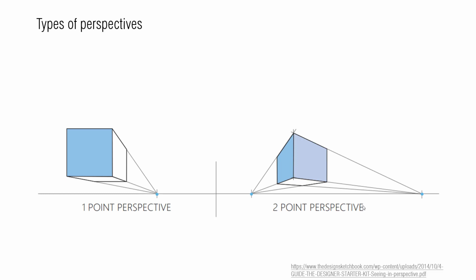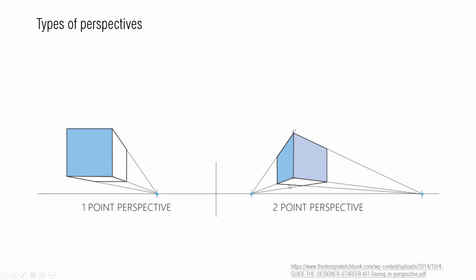Notice that a one-point perspective depicts the situation where you face, say this is a building, this face of the building directly in front of you, the blue face of the building. Whereas in a two-point perspective, you are not directly facing any face of the building.